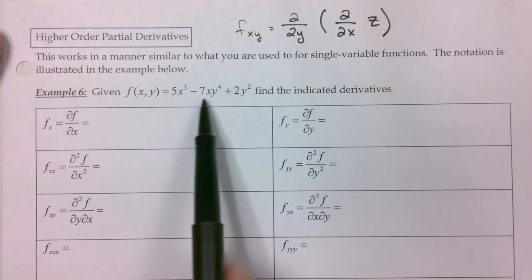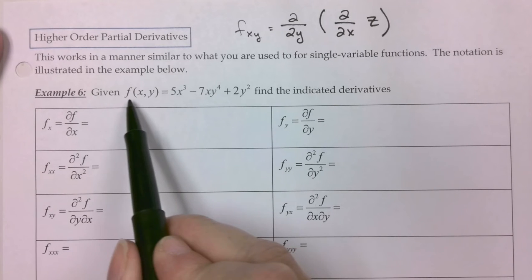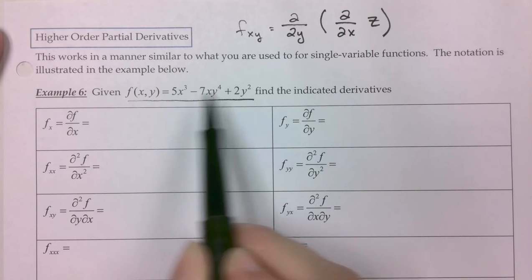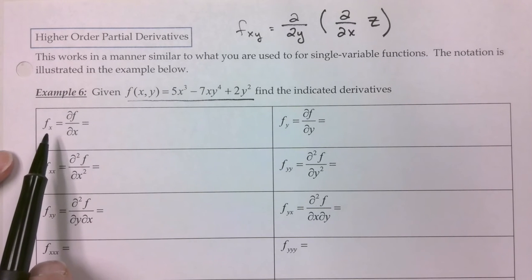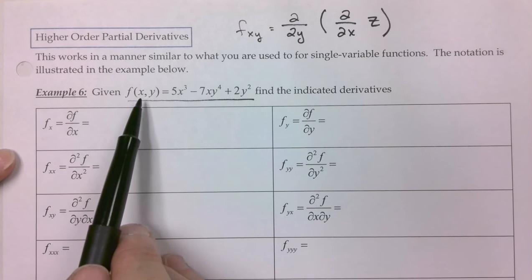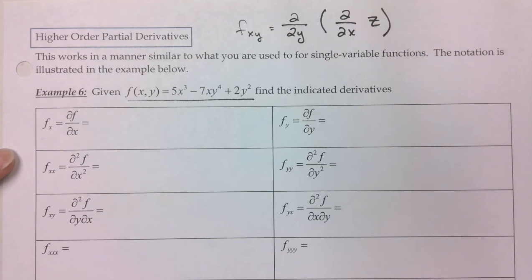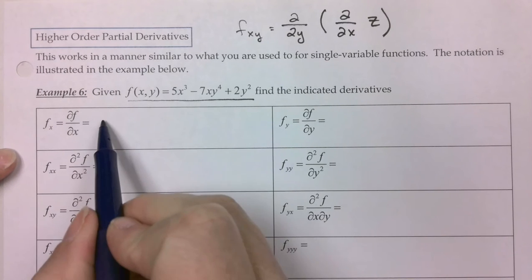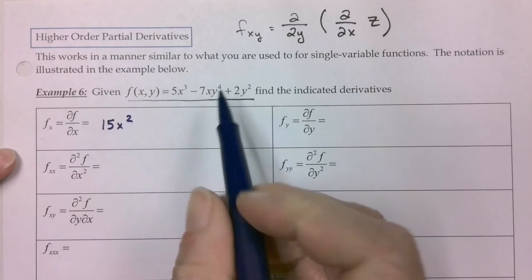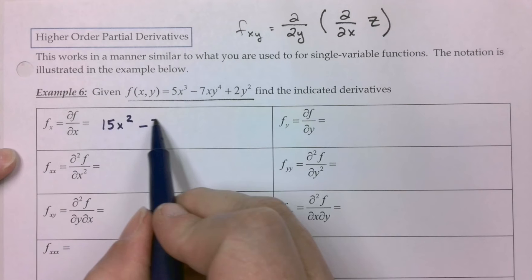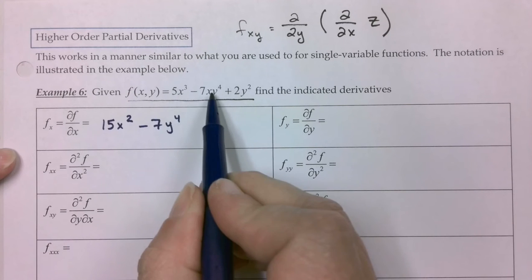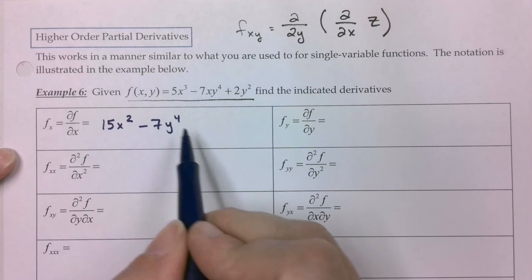So we have this lovely function right here, f of x equals 5x cubed minus 7xy to the fourth plus 2y squared. So I'm going to start off by taking the partial derivative of this with respect to x. All right, so that would be 15x squared. This part, the 7 and the y to the fourth are constant, and the derivative of x is 1, so it's just 7y to the fourth.